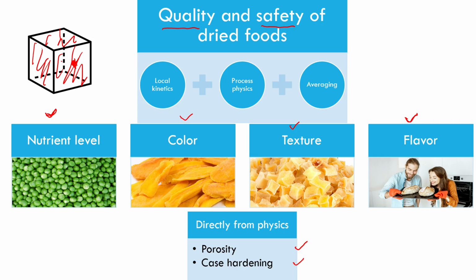And this can vary over the entire food material, and so we can get a modulus that varies with position and time, and from modulus at different positions at any given time, we can average out and get an overall modulus, which would be a measure of texture. Those are just examples of how we can get other quality parameters.